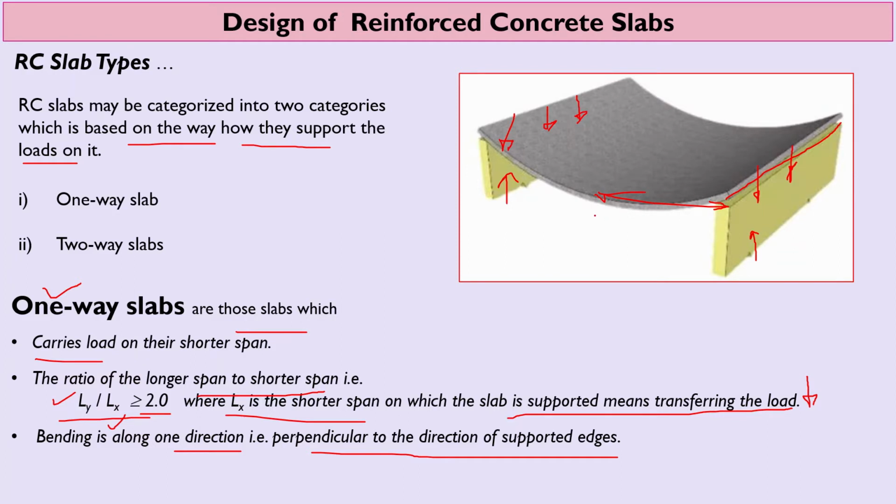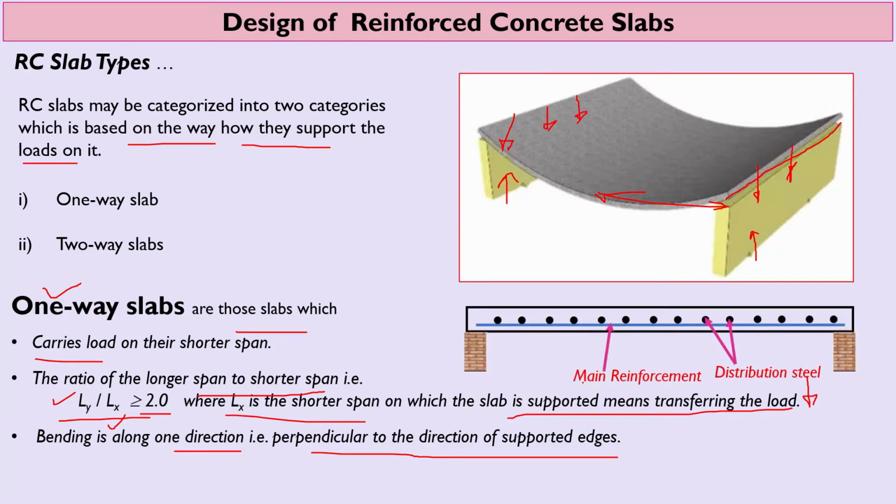What we want to say here is that if you place a slab supported on two sides along its shorter side, then its behavior, as we can see in this diagram, means this slab we have to design as a one-way slab. And you can easily understand where we have to place the reinforcement so that this deflection can be removed.